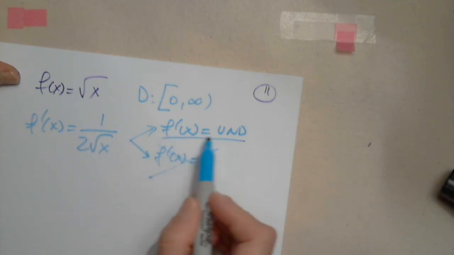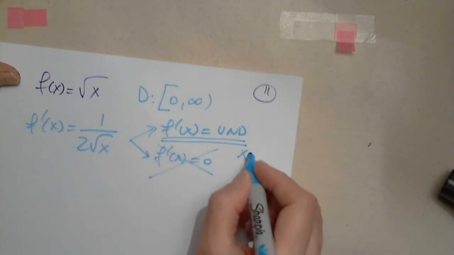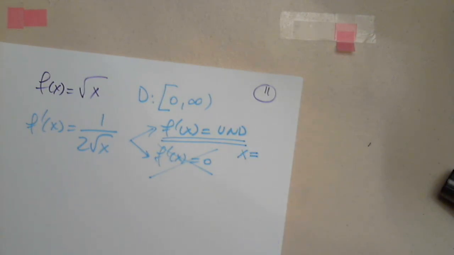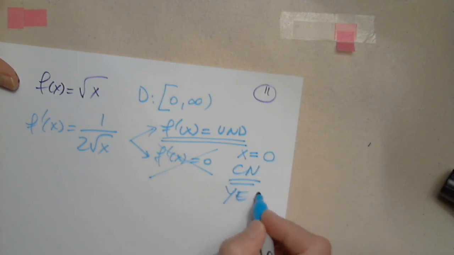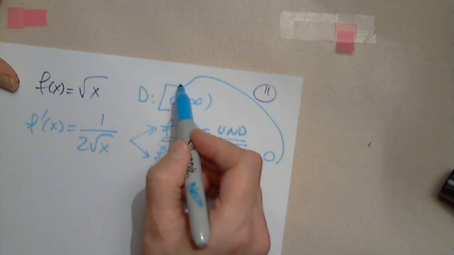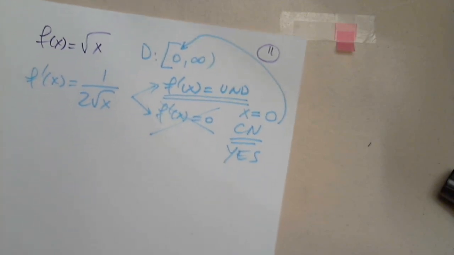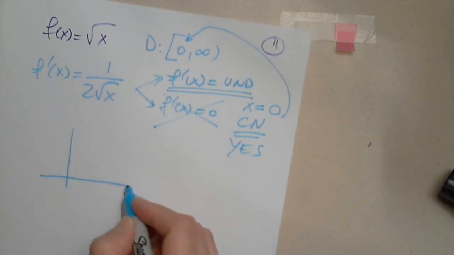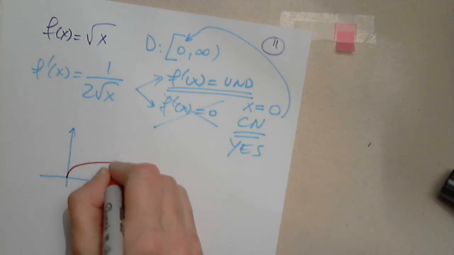But is this function undefined? Yes, when x is 0. Is this a critical number? Yes. Why? Because the function is defined at 0. Is that better? Okay. That's why the graph of the square root of x is this.